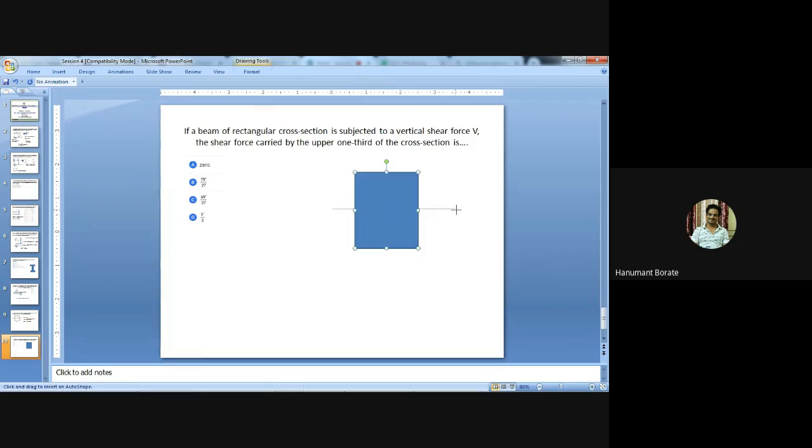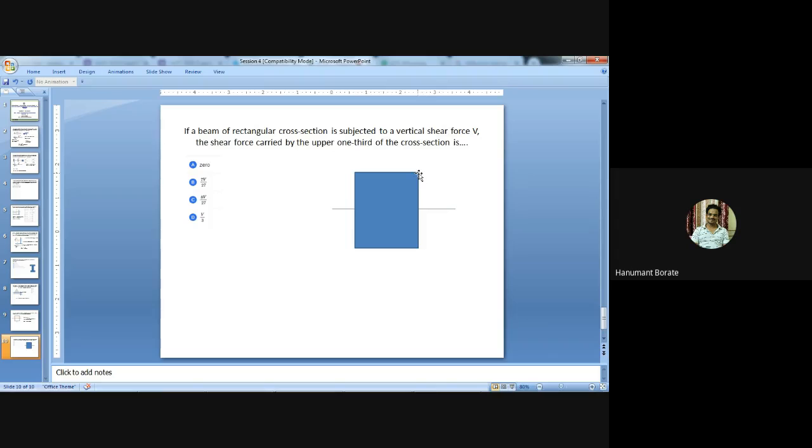So here will be the neutral axis, and V is the shear force value, and we need to calculate the value of shear force carried by the upper 1/3 of the cross section.